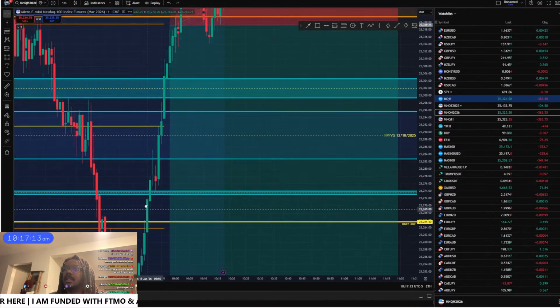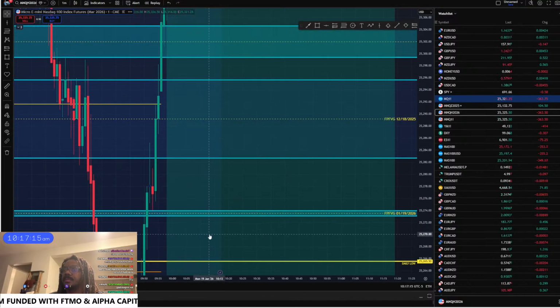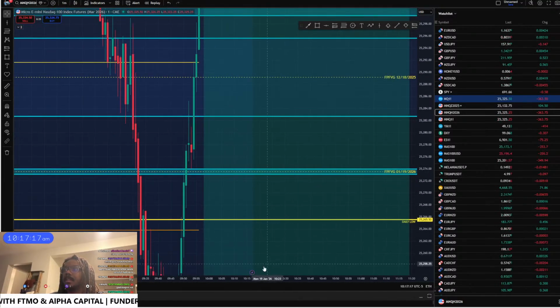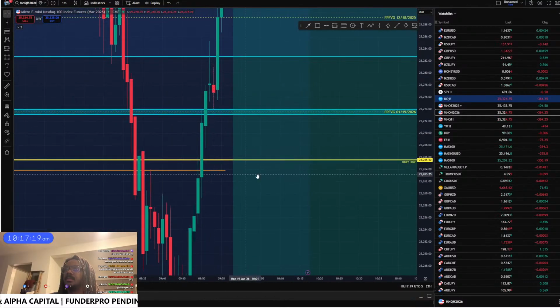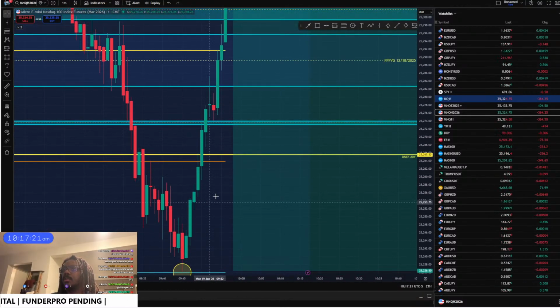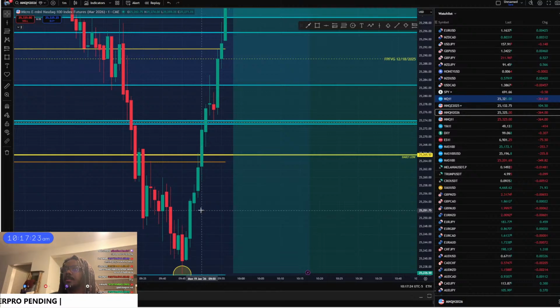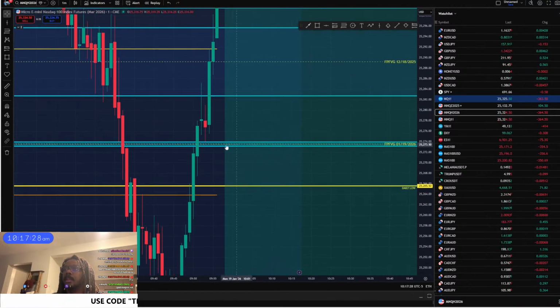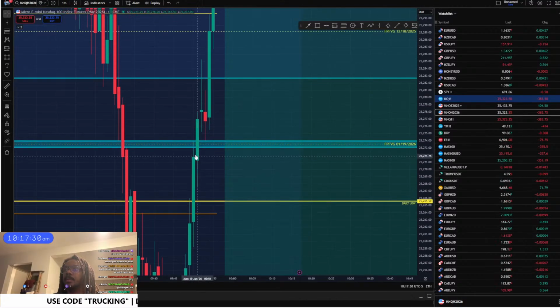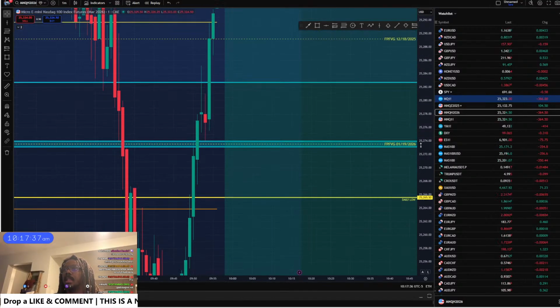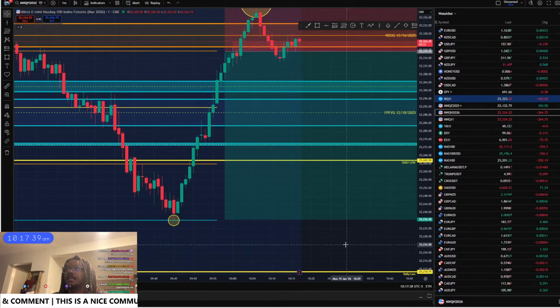As you guys can see right here, this was the buy and I missed it. Price broke below this daily low right here, made a breakaway gap, started to go up, up, up, up, and up. The first presented fair value gap from today, when we broke above that, came back down, retested it one time, and then we just skyrocketed to the top.